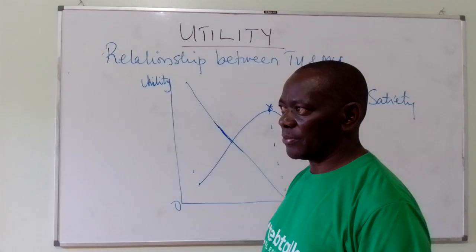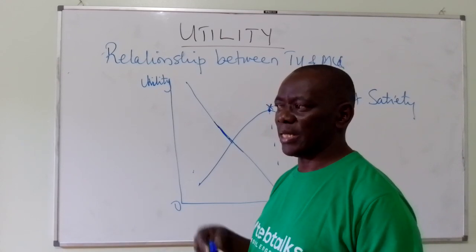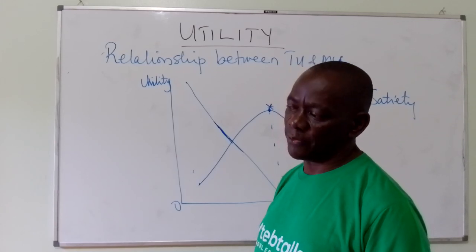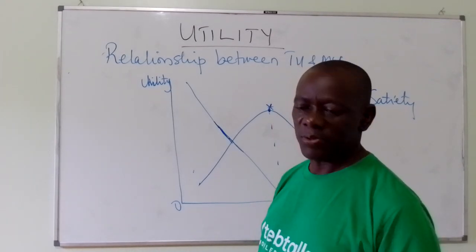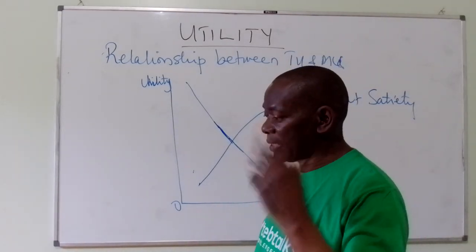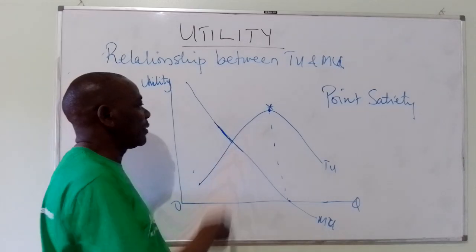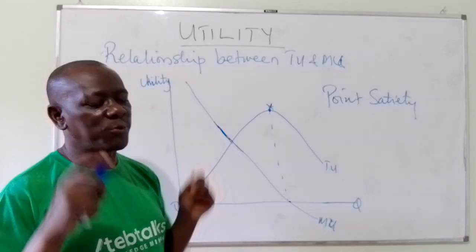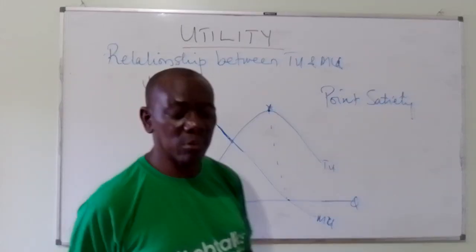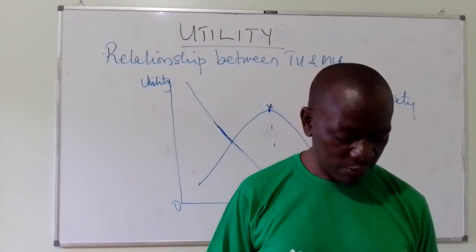The extent of the problem will depend on the nature of the product that you are consuming, because each product has its own dangers when it is in excess. The dangers of, say, mangoes will not be the same as when you have taken something that has an effect on your brain. So it is very important to know the point of satiety, the point when you are supposed to stop consuming. When you reach that point, please don't continue consuming, because you are going to have a negative outcome.